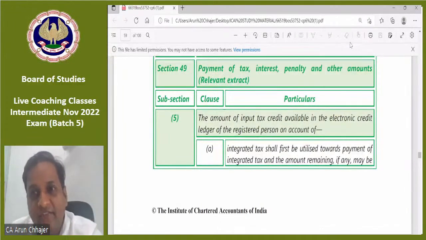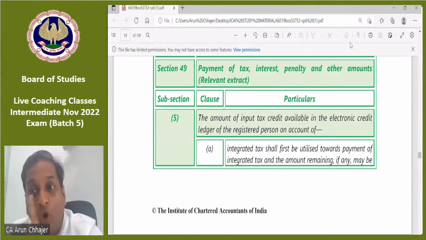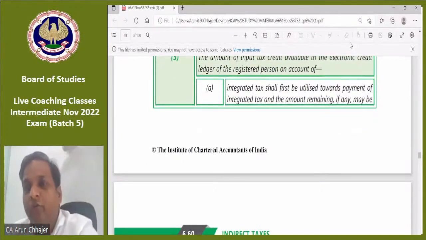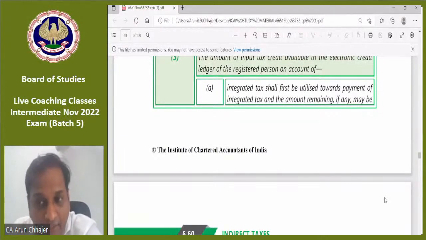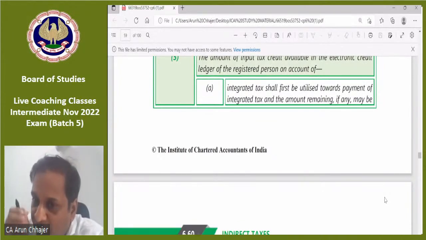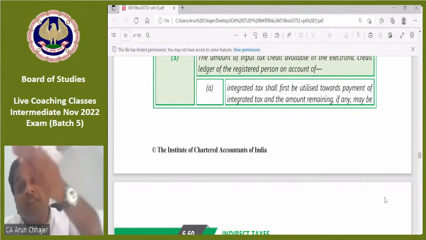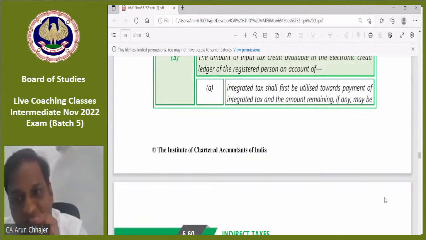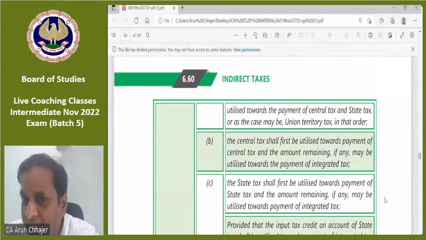We are going to discuss all this, but 49(5) says that the amount of ITC in the electronic credit ledger of the registered person on account of IGST shall be first utilized towards the payment of IGST, and the amount remaining, if any, towards the payment of central tax, state tax, as the case may be, UT tax, in that order.